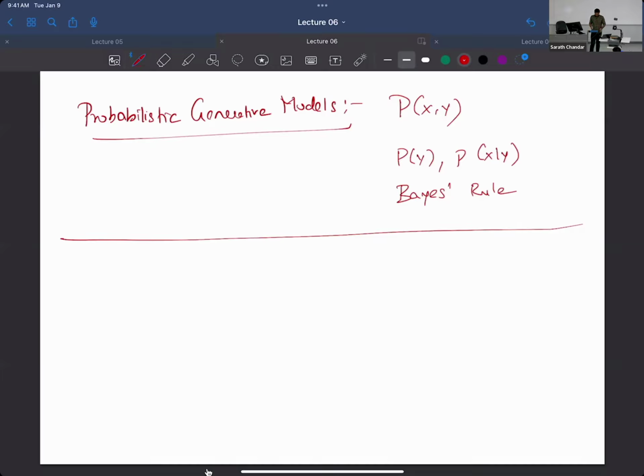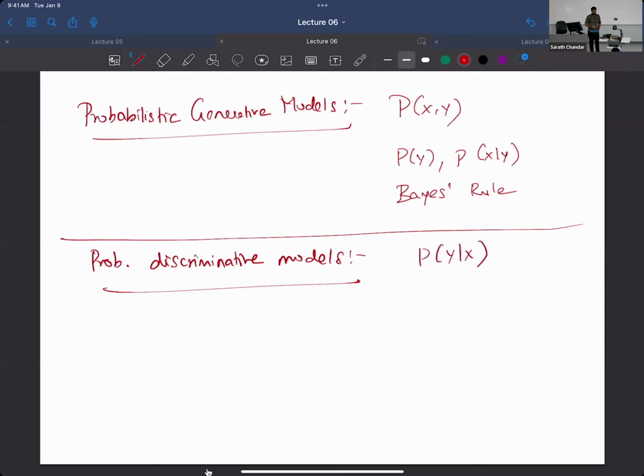Okay, now we are going to look at another family of classifiers, which are much simpler than generative models. These are called probabilistic discriminative models, which are going to model P of Y given X directly, instead of first computing P of X given Y and then doing the reversal.